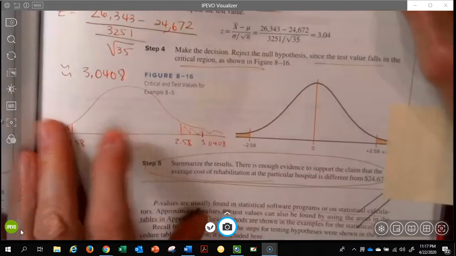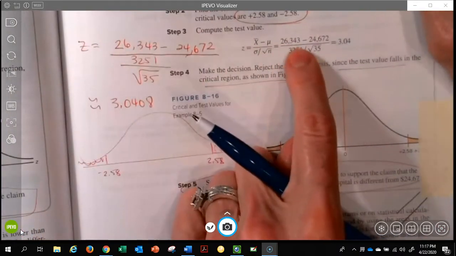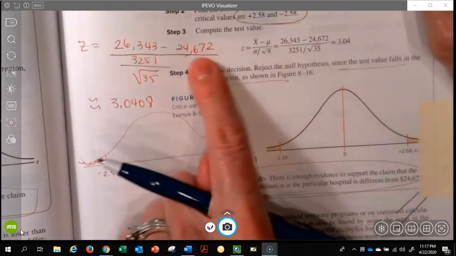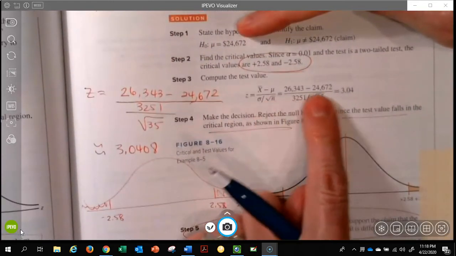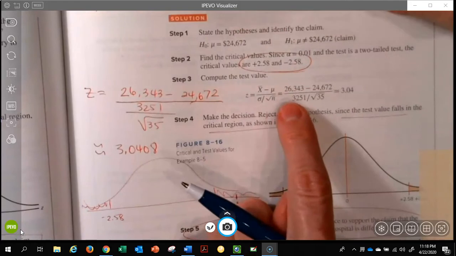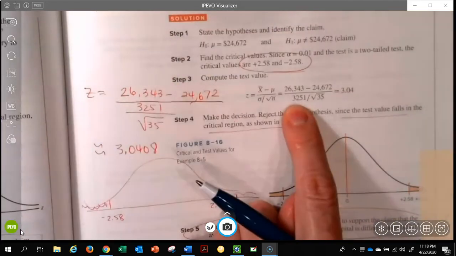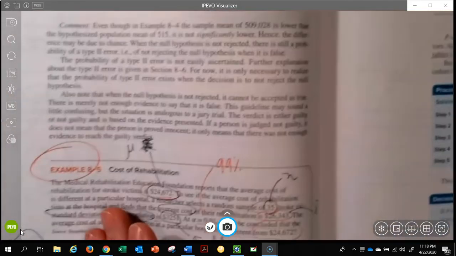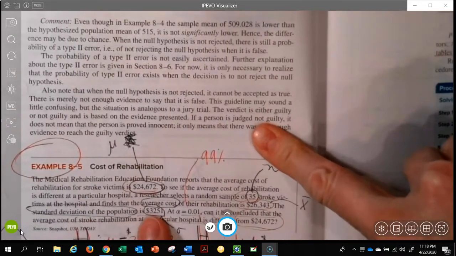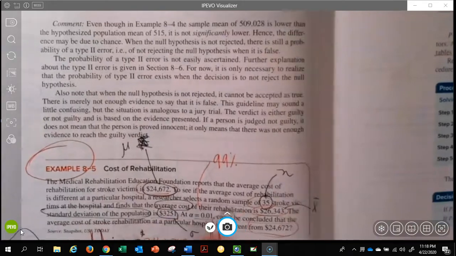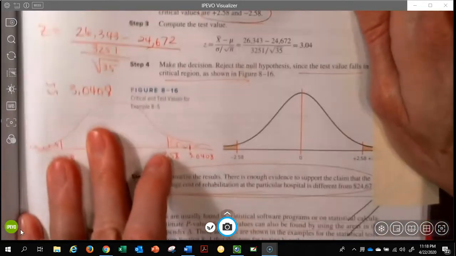So we plug in the 26343 minus, let's go grab mu. Mu's already up here at the 24,672, divided by, where did this 3251 come from? Well, over here we found that our sigma, our population standard deviation, is 3251. So we're going to put it in here.